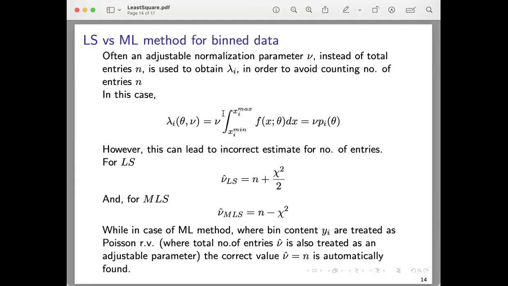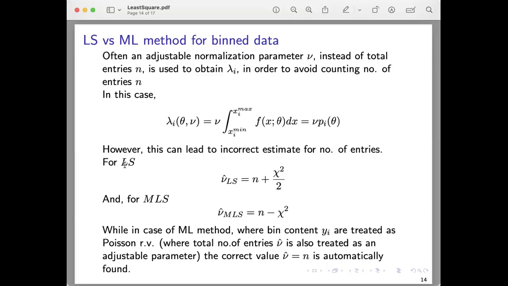So here you put a mu, which becomes a normalization parameter. You assume that n is not the exact number. However, this can lead to an incorrect estimate of the number of entries.